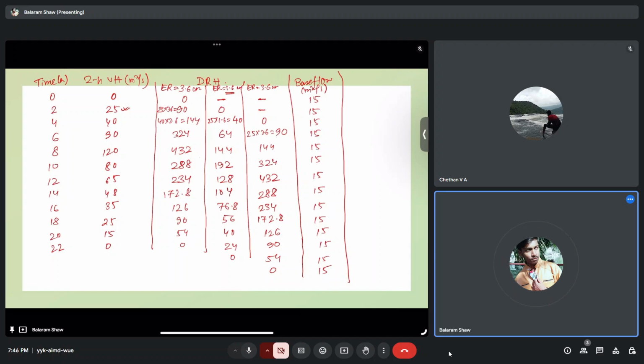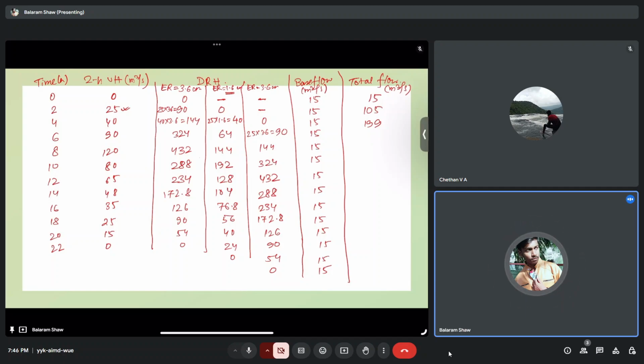And then the total flow will be just the summation of all, right? So 0, nothing is there, then 15, so it will be 15 meter cube per second. 90 plus 0 plus 15, it will be 105. 144 plus 40 plus 0 plus 15, it will be 199. So just add all of this.